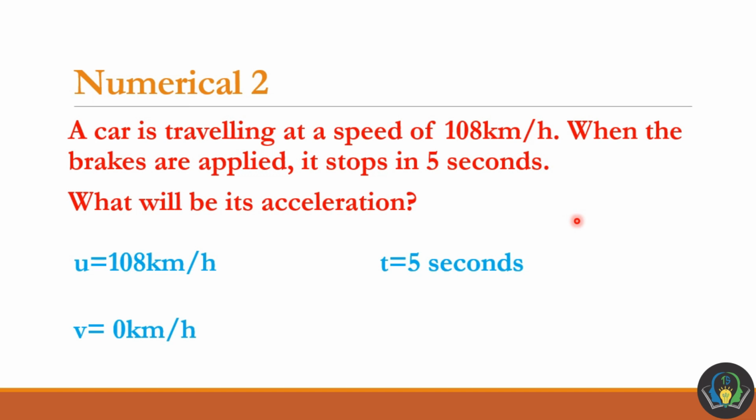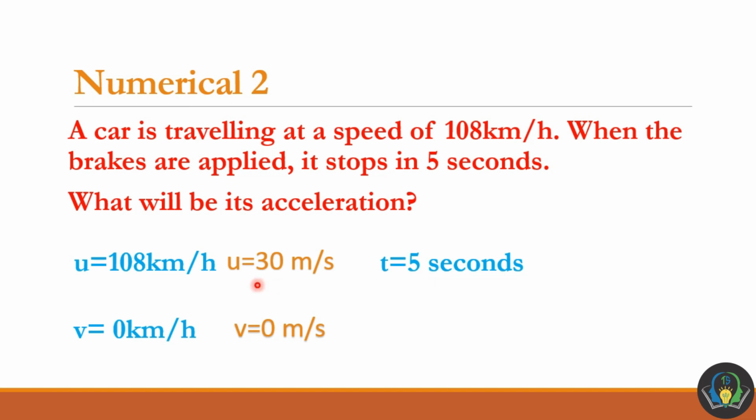Now converting all of them into standard units. So u will be 30 meter per second. V will be 0, as anyway it is 0, and time is already given in the standard form, that is 5 seconds. I hope you are able to understand this.